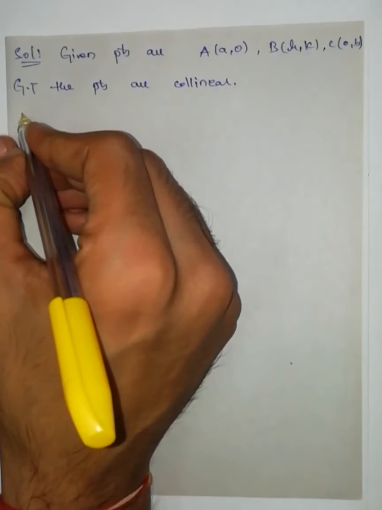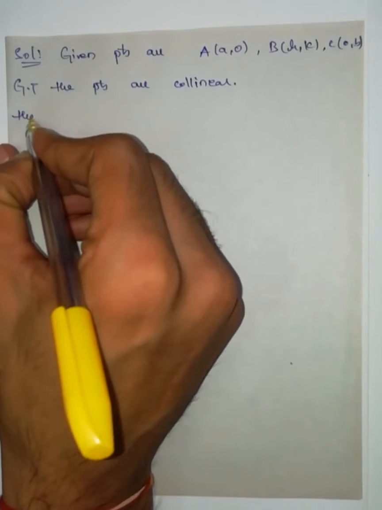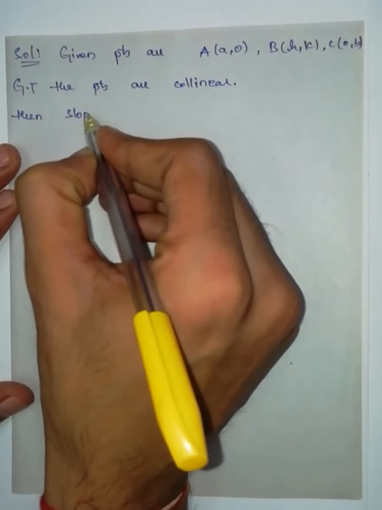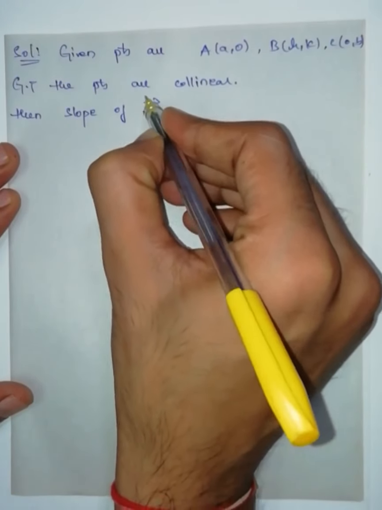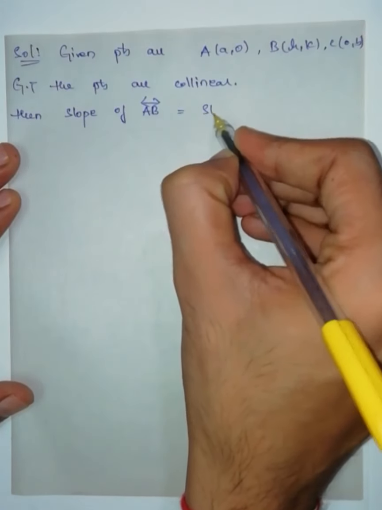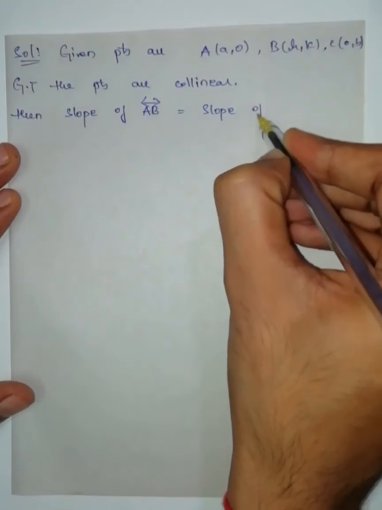I am going to take slope of the line AB is equal to slope of the line BC.